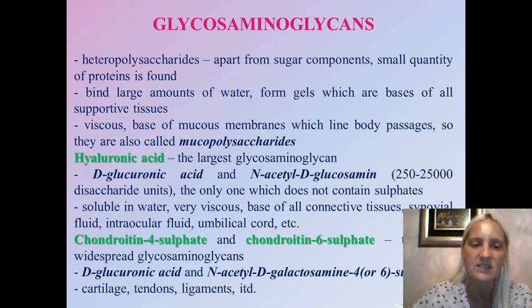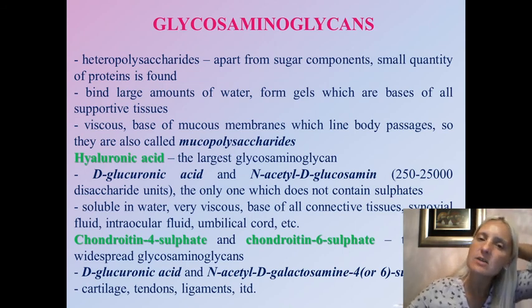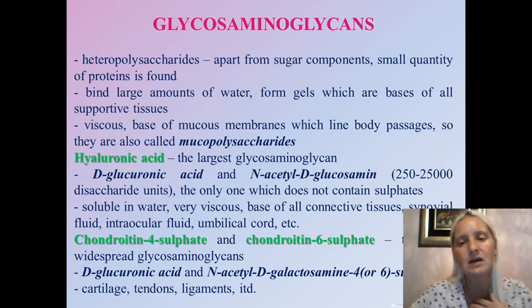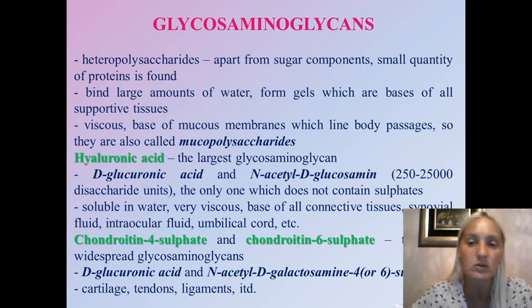They are viscous, and they are the basis for the mucous membrane integrity. They line body passages with a very important protective role, and thus they are also marked as mucopolysaccharides. I have provided you with a couple of examples which are important to be mentioned and explained.